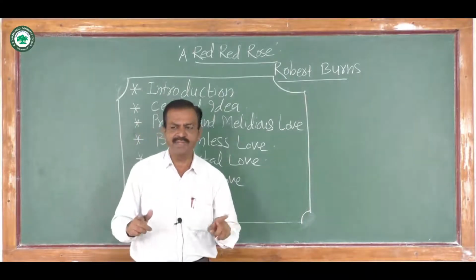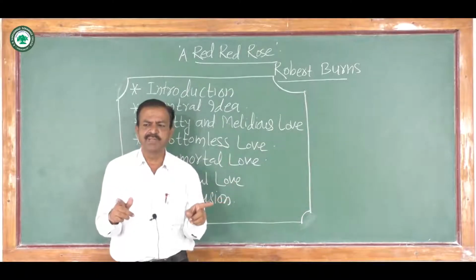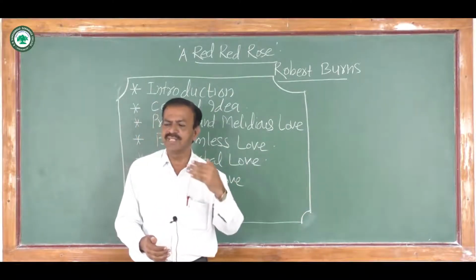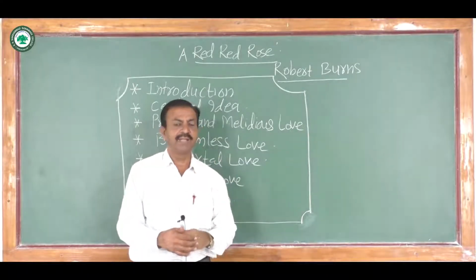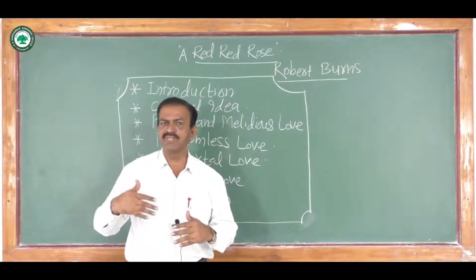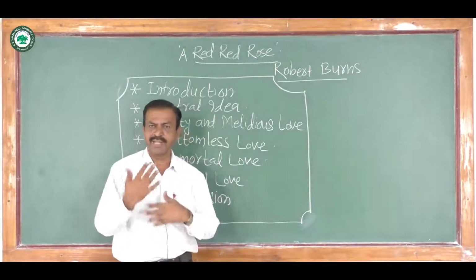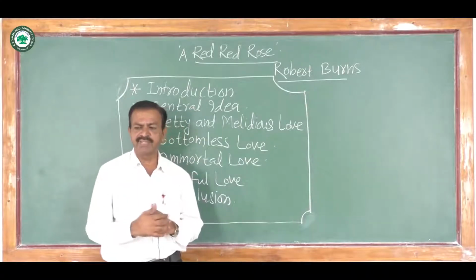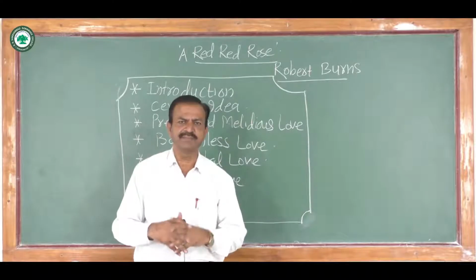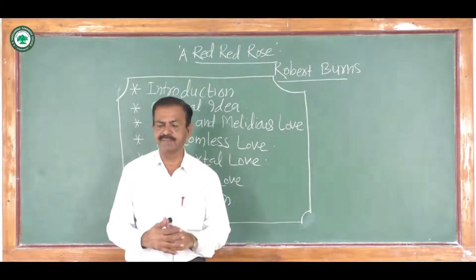And love is a universal subject. The poem was published in 1794, and after the publication of this poem, the poet gained popularity even across the country, and he became the world poet, we can say.